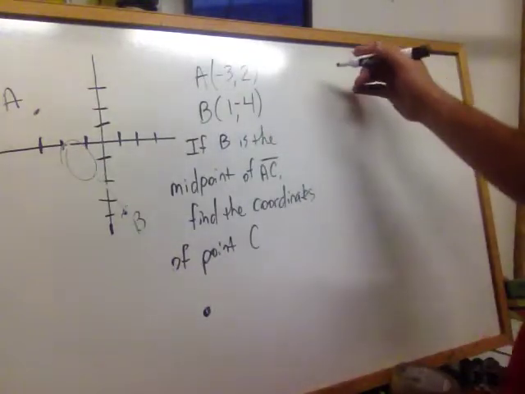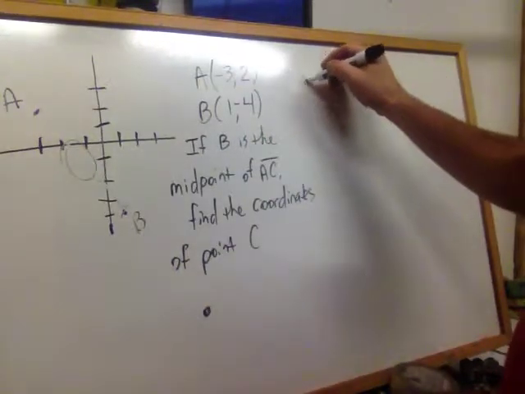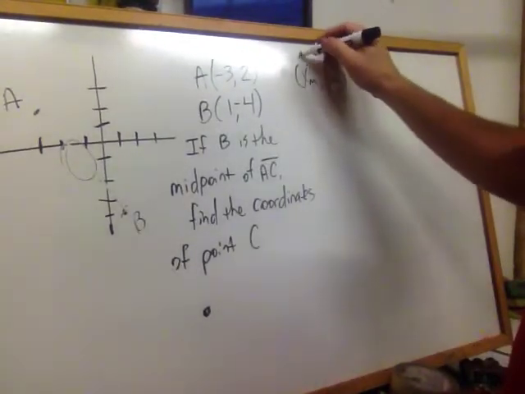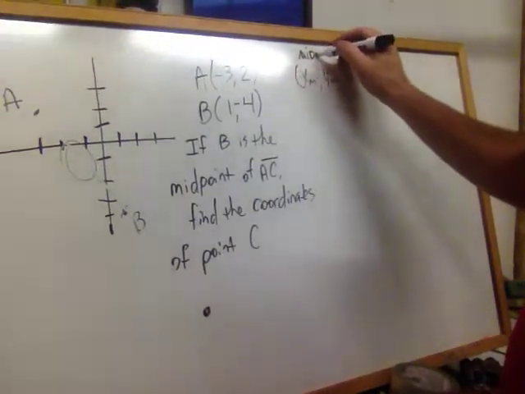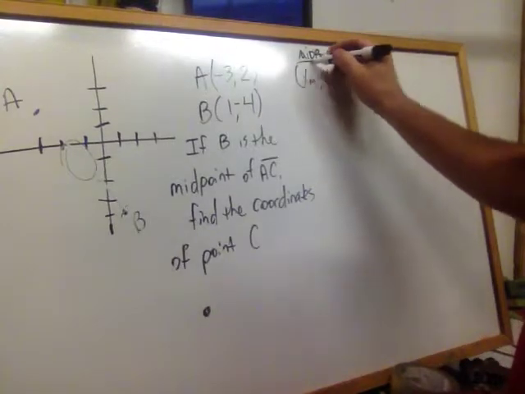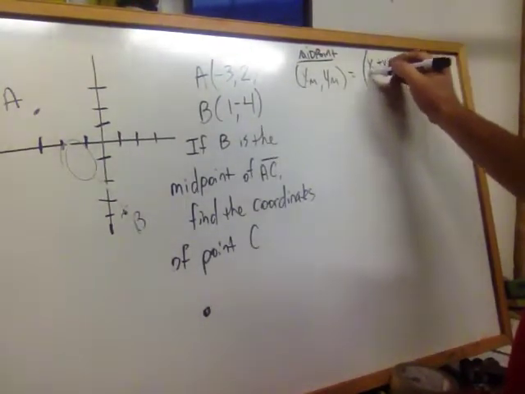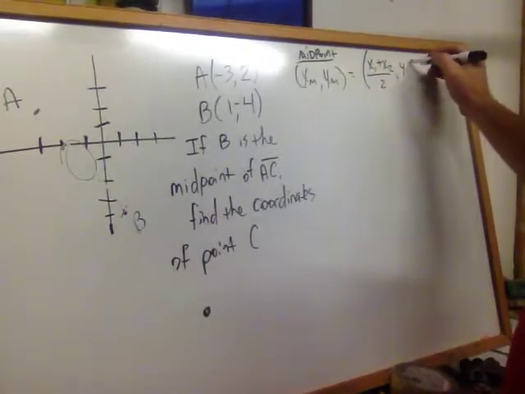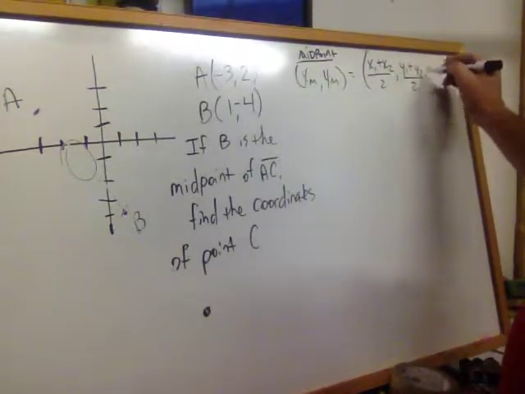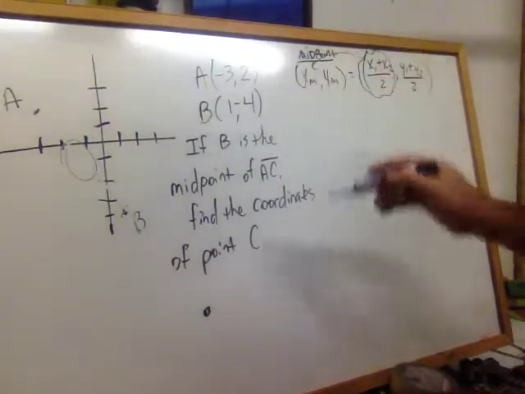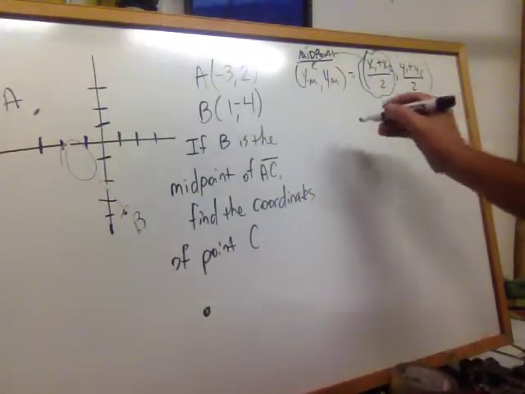So what you're going to do is the midpoint formula says that (xm, ym), which would be the coordinates of the midpoint, are going to be given by the formula of the average of the x's, comma, and the average of the y's. So you could even write it like this.